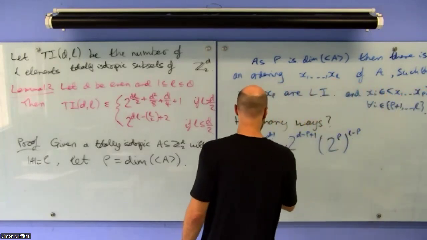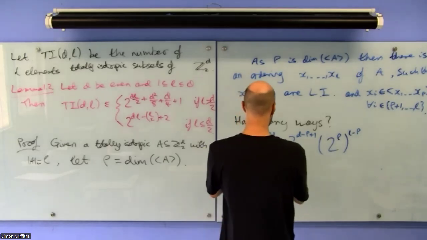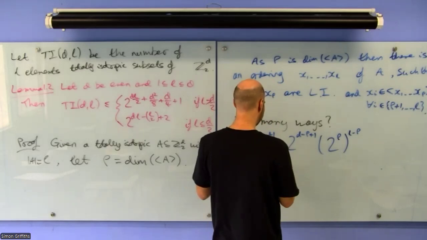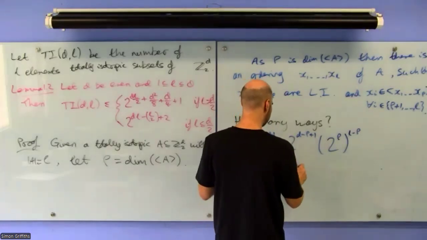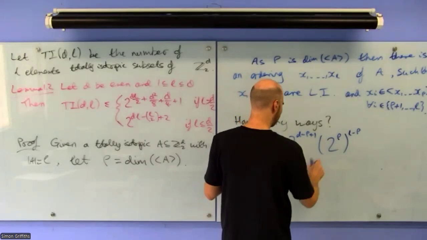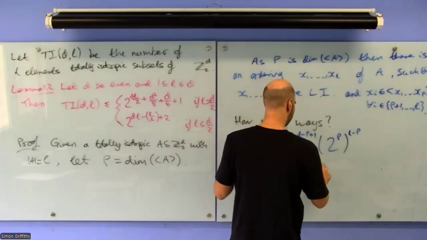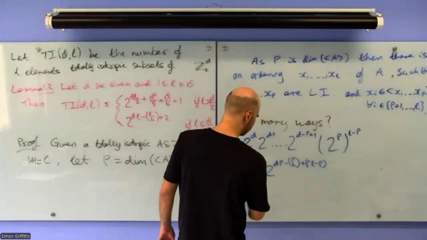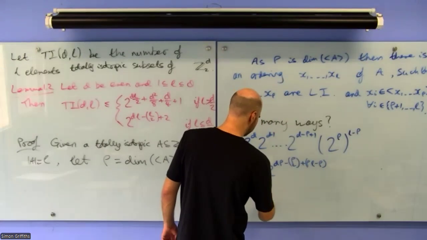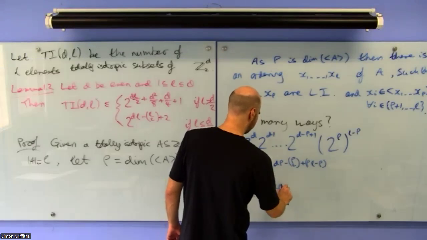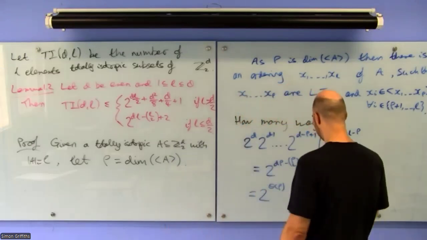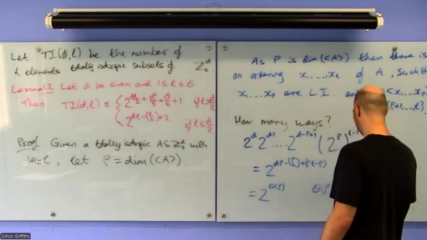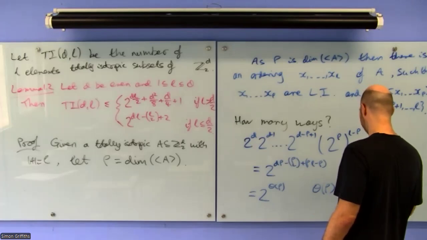And this quantity is 2 to the, here you have D occurring rho times, minus (rho choose 2), and then here you have plus rho times (L minus rho), and we'll actually give this a name, we'll call it theta of rho. So you have 2 to the theta of rho, where theta of rho is this expression. I think it's rho multiplied by D plus L.